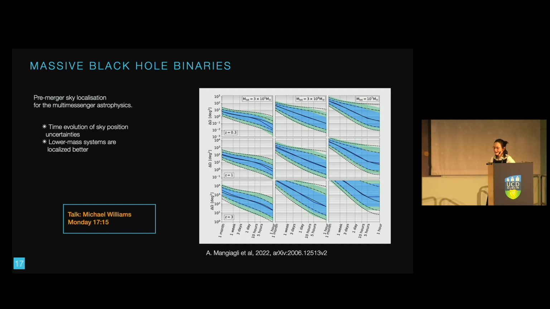Last but not the least, it is very important for the alerts and for multi-messenger astronomy to get early warnings.